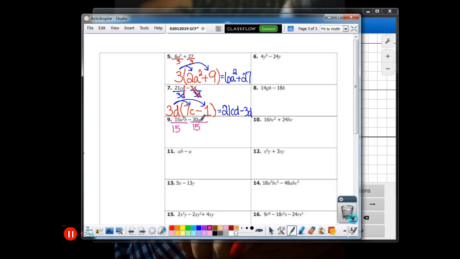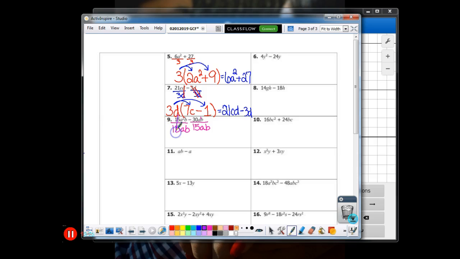So if you have the same variable but different exponents, remember you're choosing the one with the smallest exponent. Okay, so this technically has an exponent of 1. Right? So a squared and a to the first power, we're only going to divide by a. Okay. And then I have a b here and a b here as well, so I'm also dividing by b. Okay? They have to be in both terms. If they're not, then you can't divide by it.